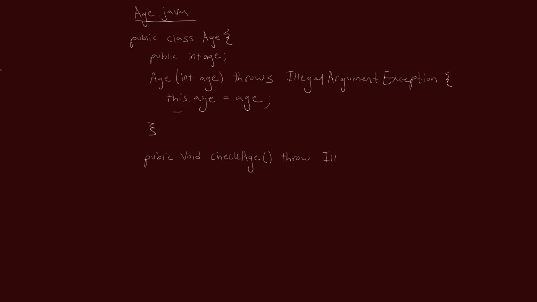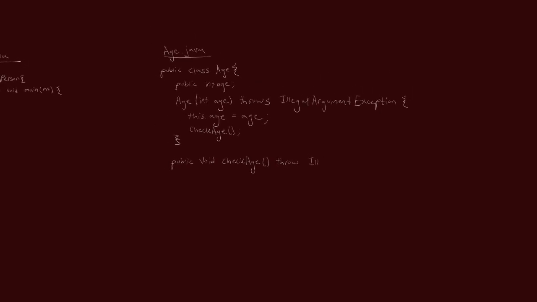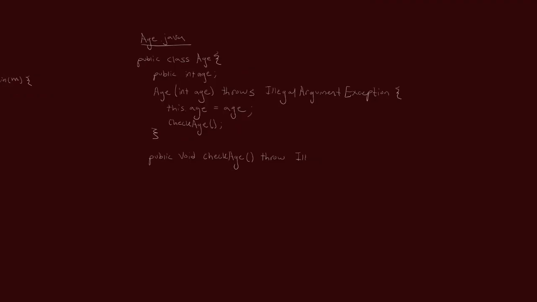So what we can put here is we can call the check age method. That way when we call the constructor, we'll immediately also call the check age method as well, instead of manually calling the check age method. So we'll do illegal argument exception.